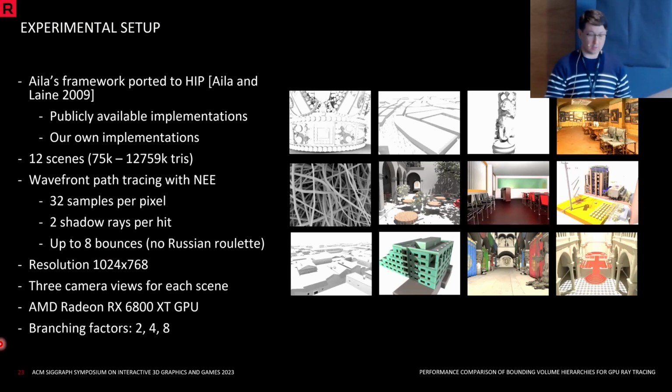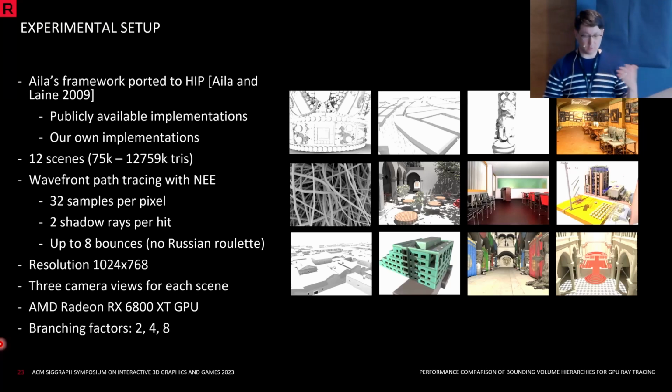We evaluated these methods on 12 scenes of varying complexity in the context of wavefront path tracing with next event estimation, 32 samples per pixel, 2 shadow rays per hit, up to 8 bounces, resolution 1024 by 768, and 3 camera views for each scene to make it less view dependent.